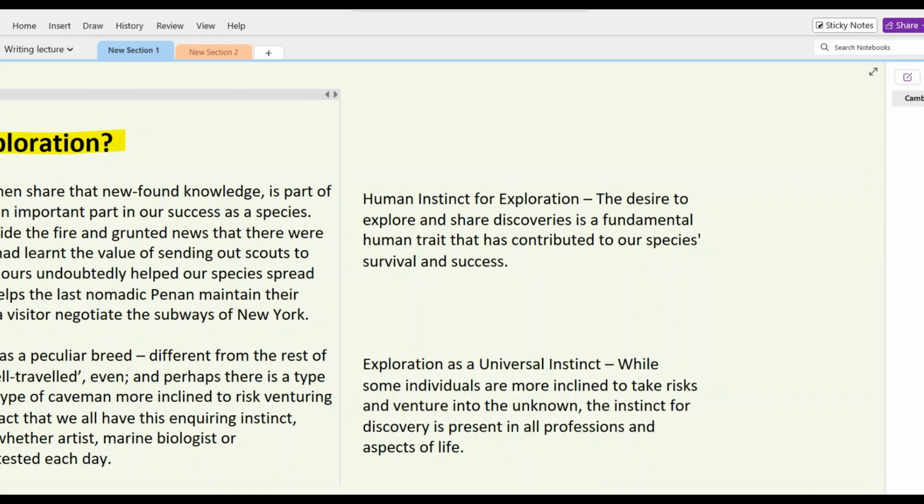The desire to explore and share discoveries is a fundamental human trait that has contributed to our species' survival and success. So this is extremely important because it's not just giving us very specific information about this body paragraph, but very importantly, there will be many types of questions, for example, matching heading type of questions and MCQ type of questions, in which we'll need to understand the summary of any given paragraph.